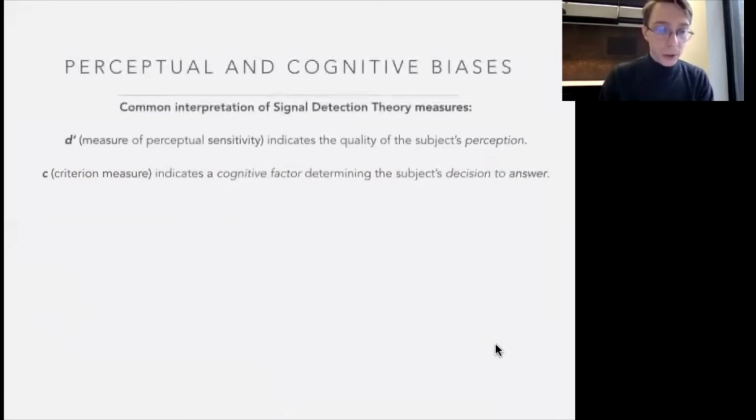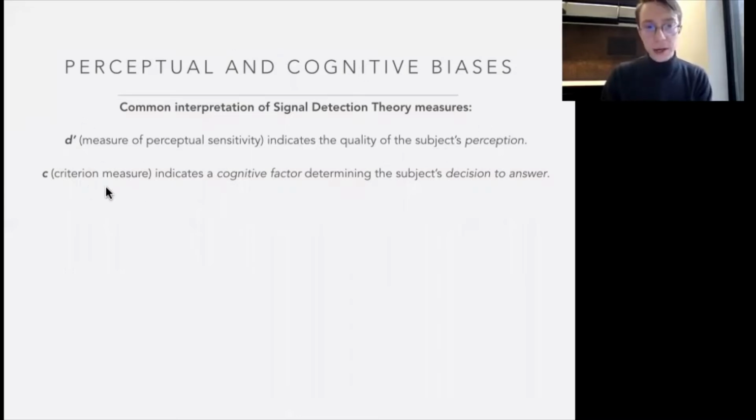So to understand the new criterion problem, I have to explain a few things about the interpretation of the criterion measure in signal detection theory. So remember, the criterion is the stuff you're moving around that doesn't seem to correspond to what you actually experience. So a common interpretation in signal detection theory is that D prime measures your perceptual sensitivity, and it indicates the quality of your perception.